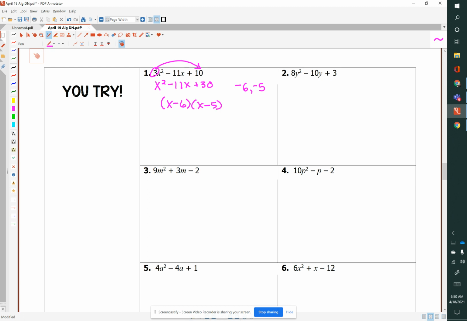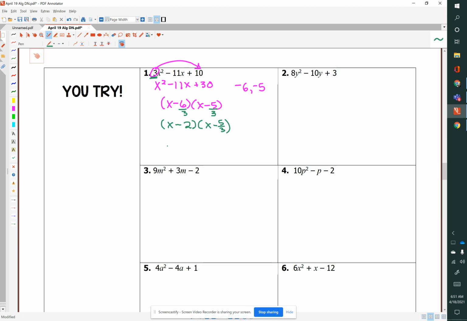Now I need to take the 3, the leading coefficient, and put it as a denominator under that 6 and under the 5. And when I reduce those fractions, I have x minus 2, x minus 5/3.